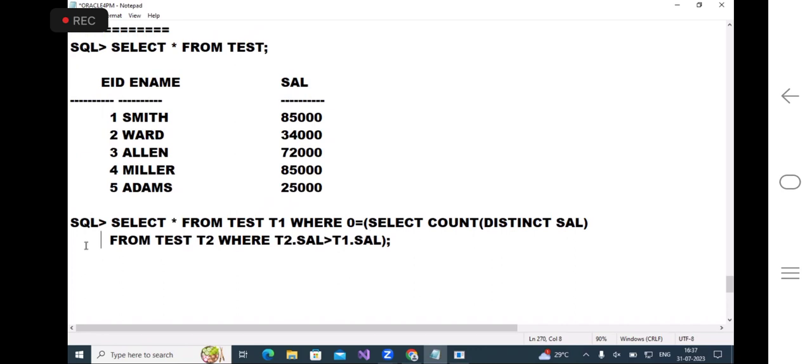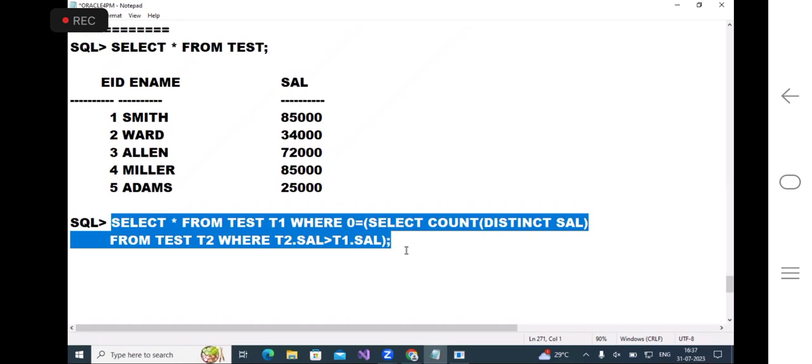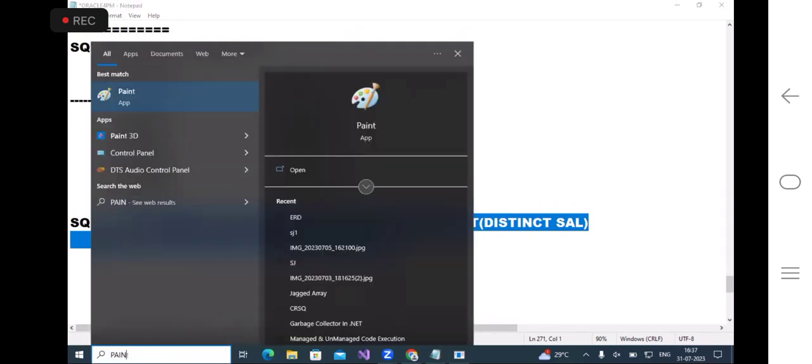Now, can you all remember self join? Self join, remember? It is the same as the self join technique.